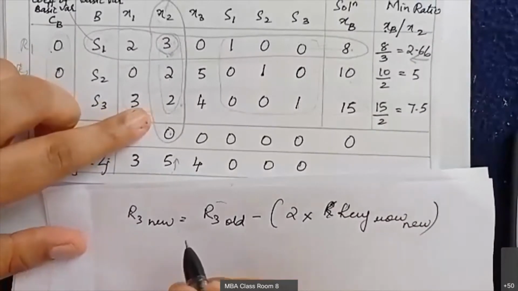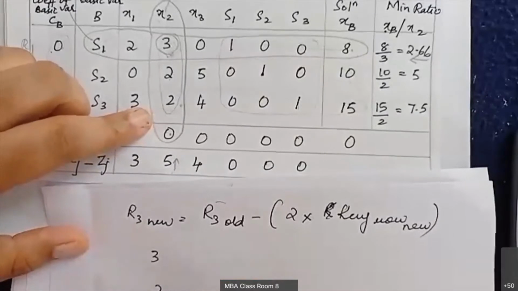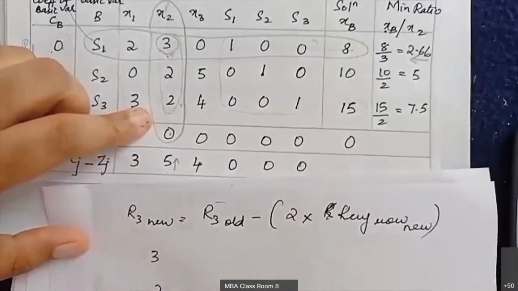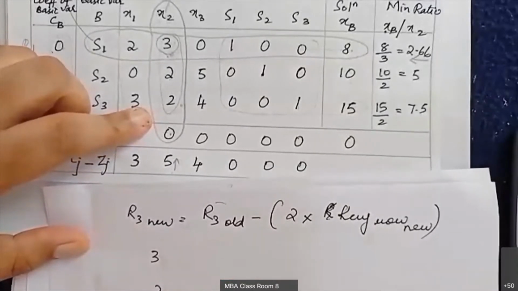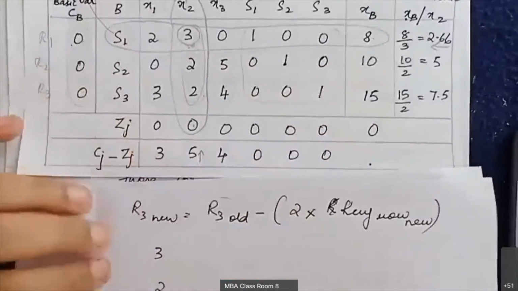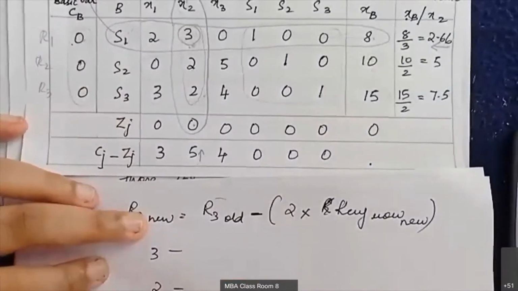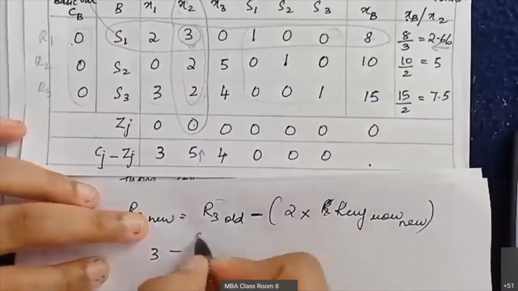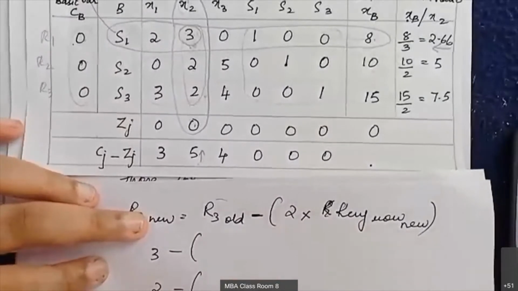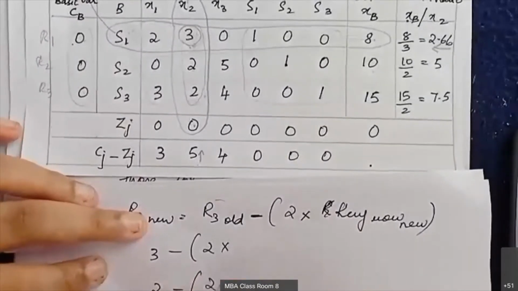Can you tell from this very fast? 3, 2, 4, 0, 0, 1 and 15. Till 15 you have to write, including the solution. Minus. I have a minus here now. So I'm putting minus everywhere. Then I have a bracket. Open the bracket. Then I have 2 into.